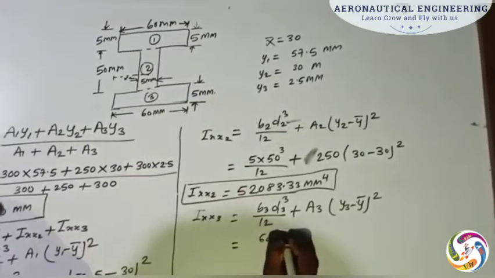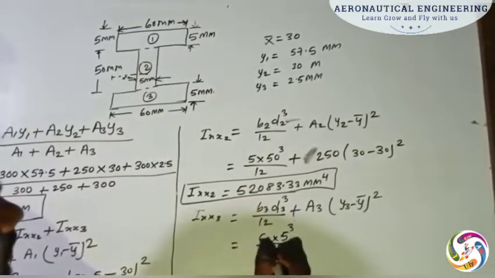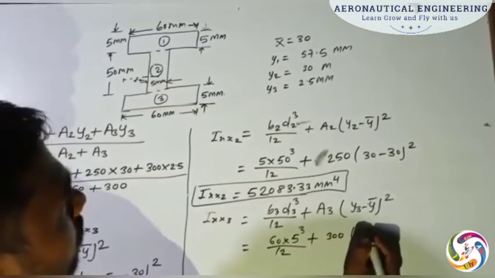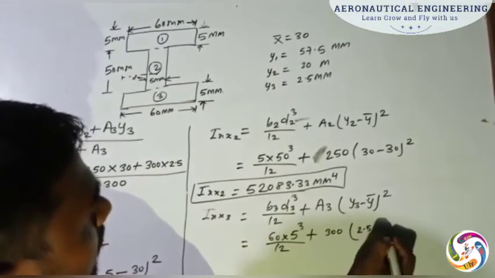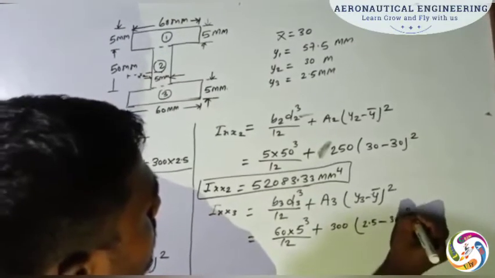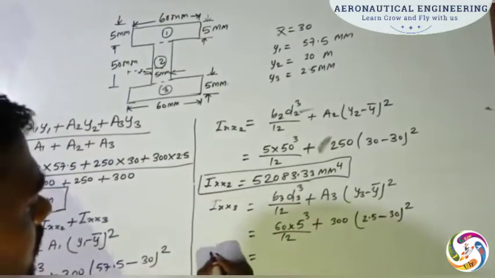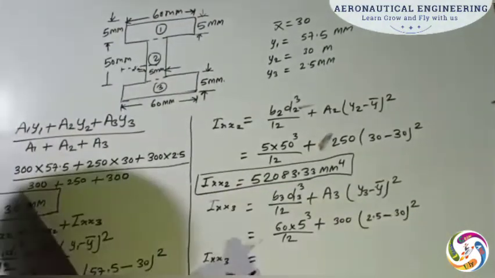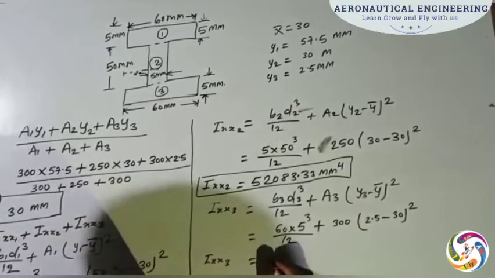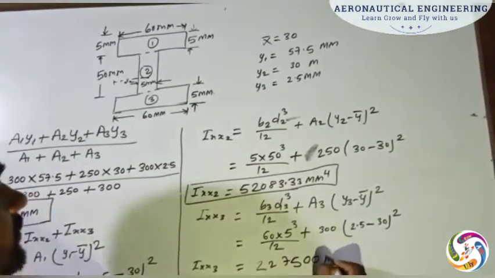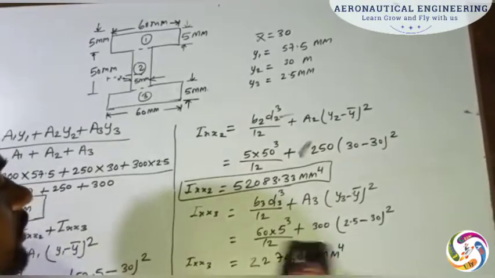So 60 into 5 cube upon 12 plus A3 value is 300, y3 value is 2.5 minus y bar value 30, all square. So you get Ixx3 value 227500 mm power 4.